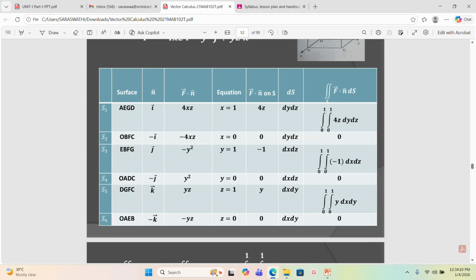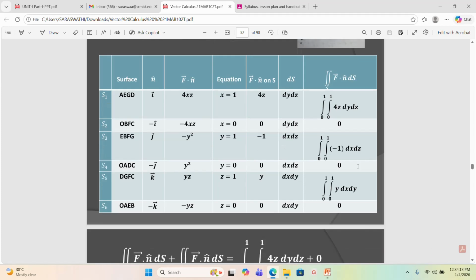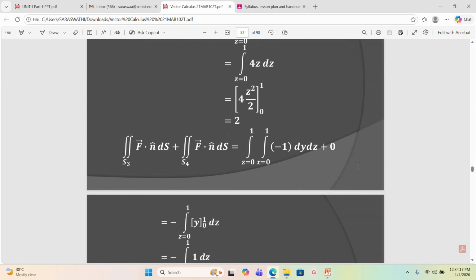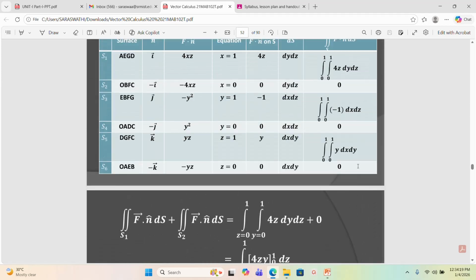And in the third and the fourth case, here 0 to 1, 0 to 1, minus 1 into dx dz. So minus dx into dz. This is the xz plane.